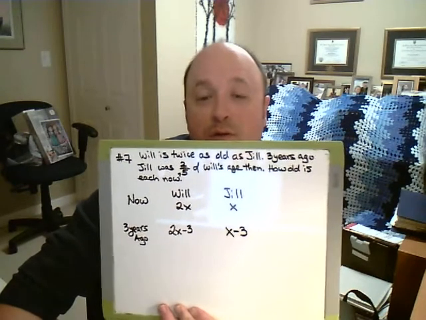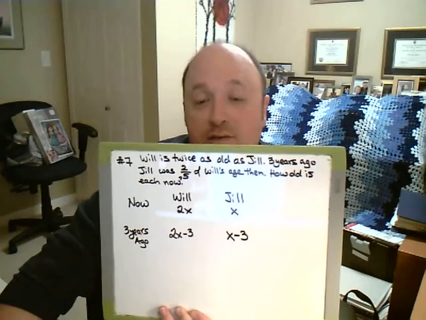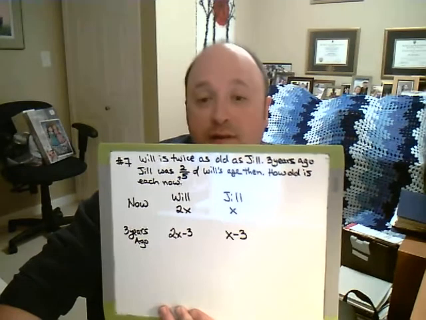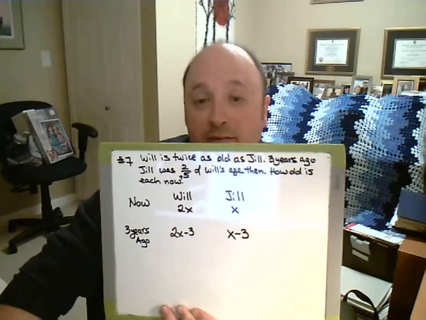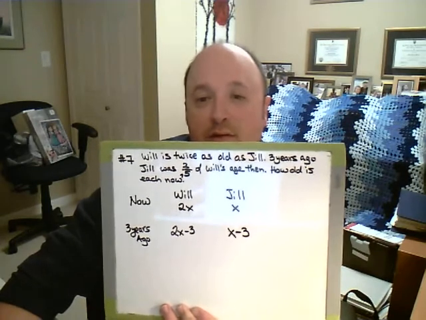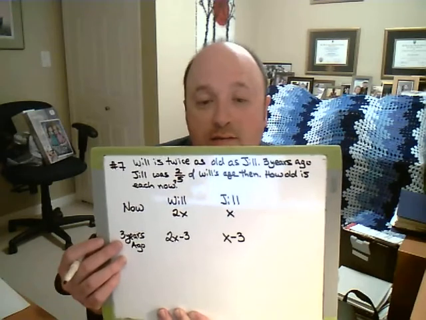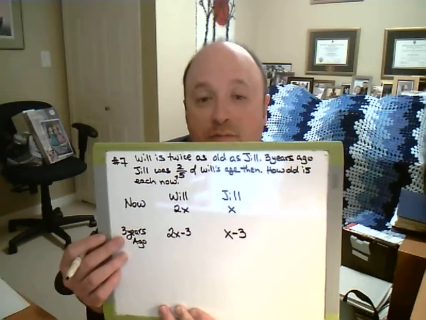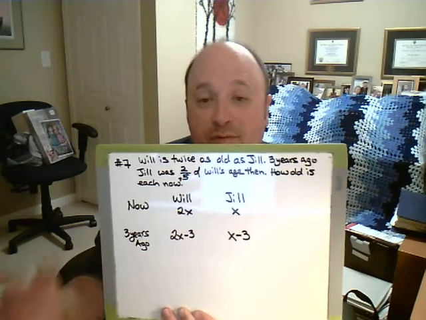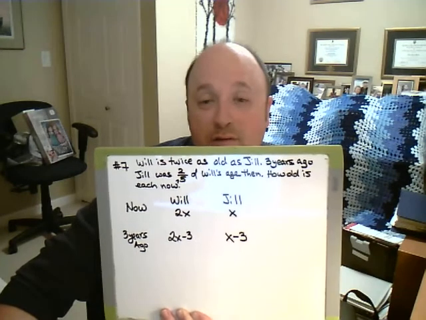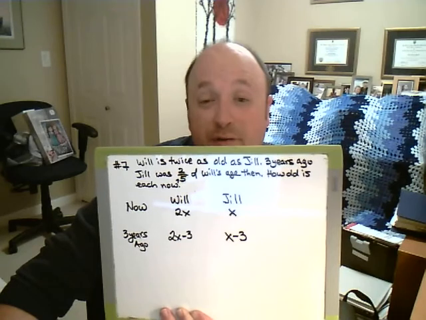So Will, who is 2x, twice Jill's age now, is 2x minus 3. And Jill, who is x, is now x minus 3. And so we're told that 3 years ago, Jill was 2/5 that of Will. So now we have to write that out in an algebra equation. That's kind of not very pretty.